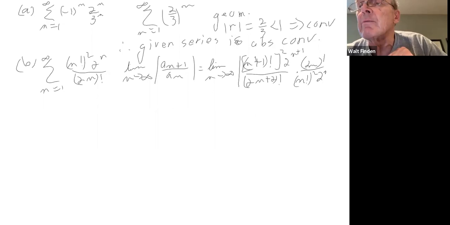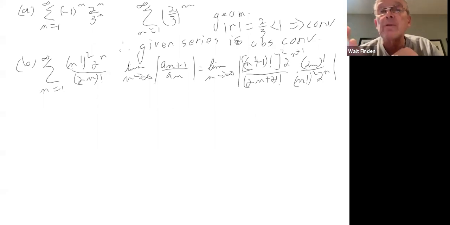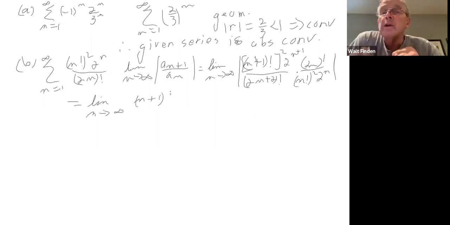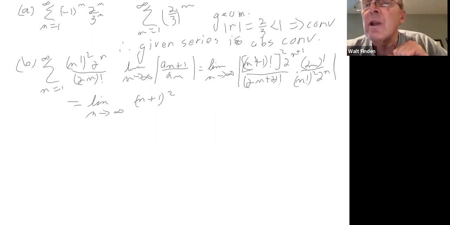We can drop the absolute value signs, because everything's positive here anyway. n goes to infinity, and we have (n+1) squared. Where did that come from? That's (n+1) factorial over n factorial. That's just n plus 1. And since they were squared, we see the squared term there. We have times 2^(n+1) over 2^n.